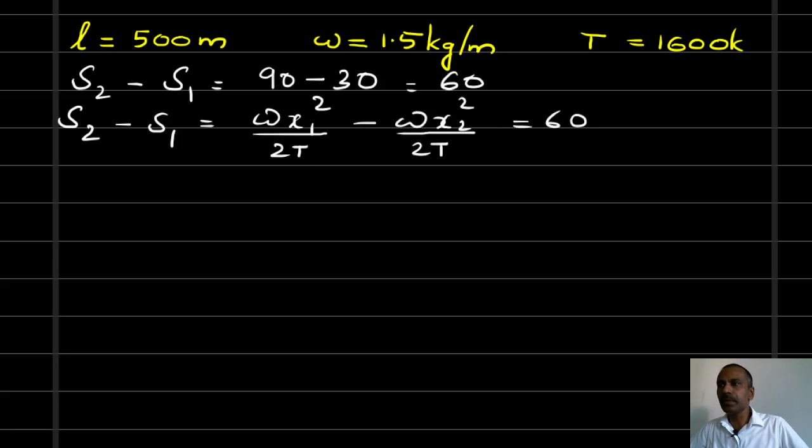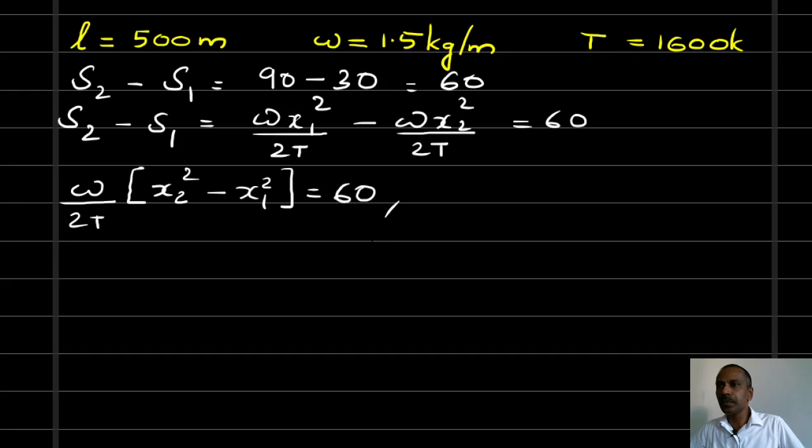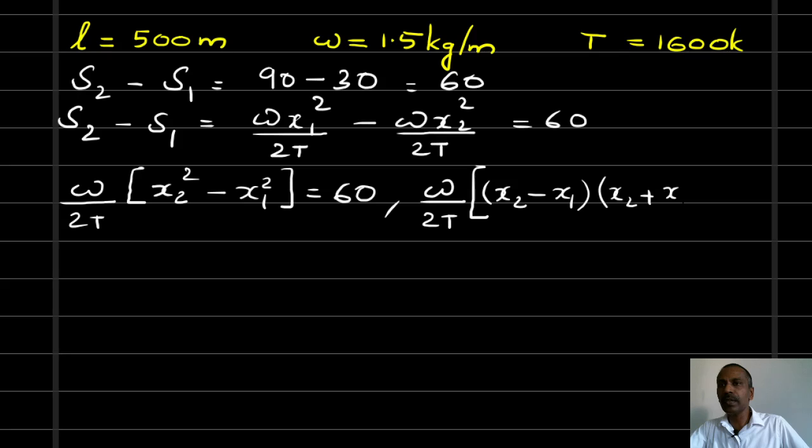This is equal to 60, or W by 2t into x2 square minus x1 square is equal to 60. This is in the form of a square minus b square, which is equal to a minus b into a plus b. So W by 2t into x2 minus x1 into x2 plus x1 is equal to 60.